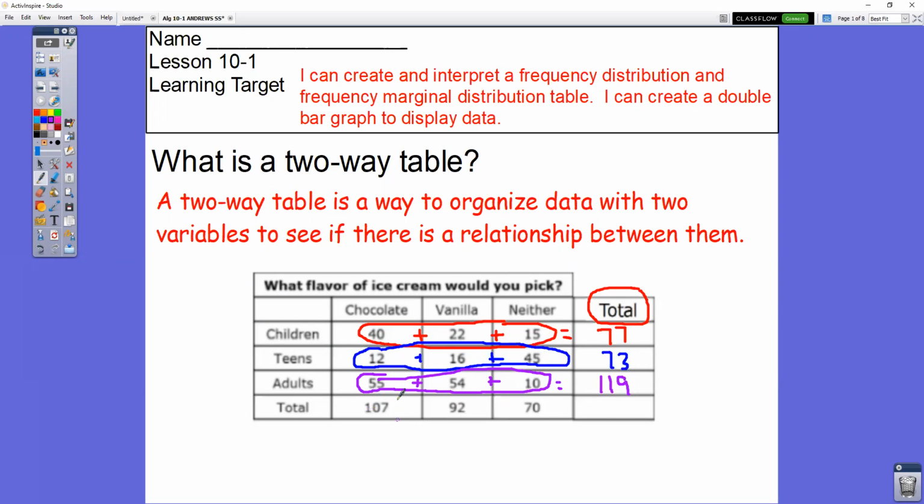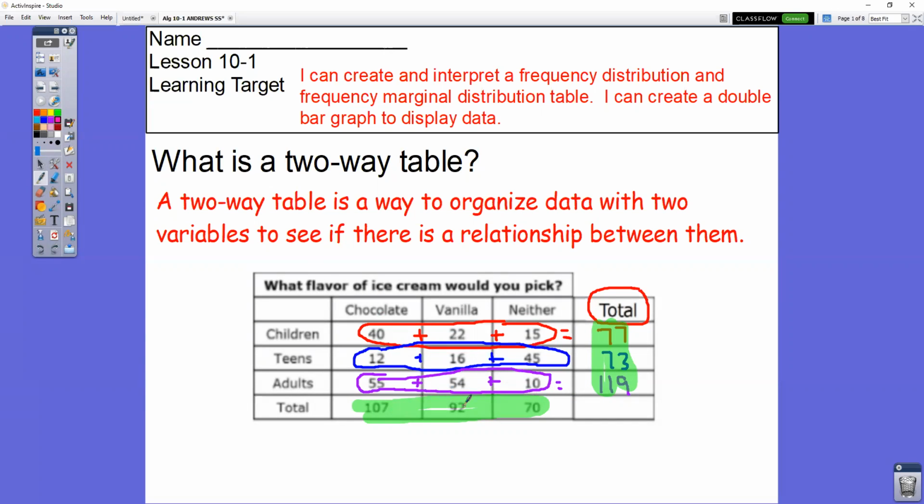Now, notice that these other totals at the bottom were already there. So there were 107 total people that liked chocolate, 92 total people that liked vanilla, 70 people that liked neither. These numbers right here, and this should always happen, these numbers in your total should add up to the same number to put in that bottom right-hand corner.